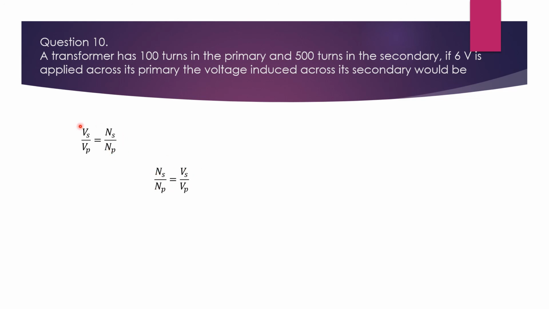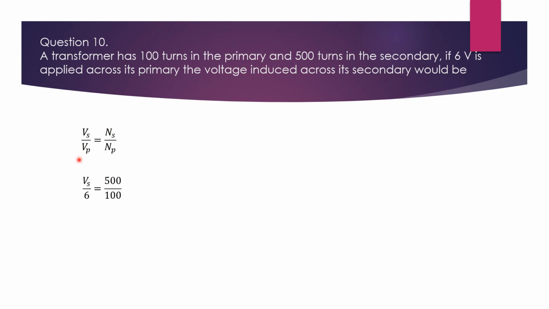We are just changing the sides here. This we usually do in order to see what we need to find. Like in this case, we need to find the voltage induced across the secondary. So voltage across the secondary is Vs.